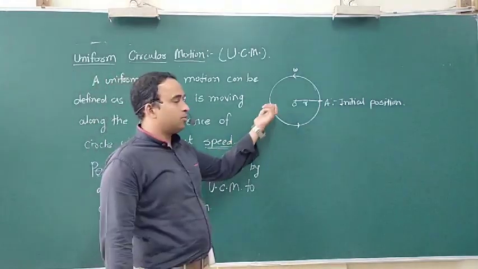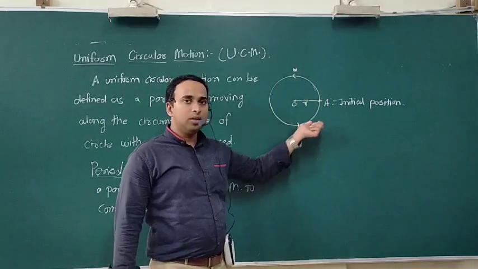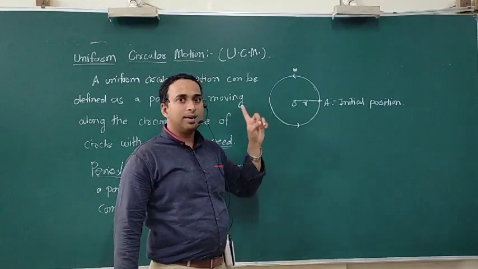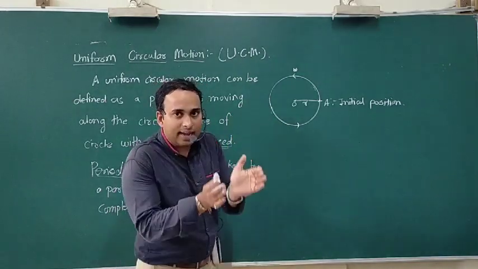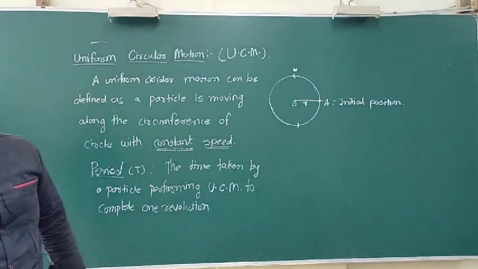That motion is uniform circular motion and the particle completes one revolution. For completing one revolution, time is required. That time is known as period.